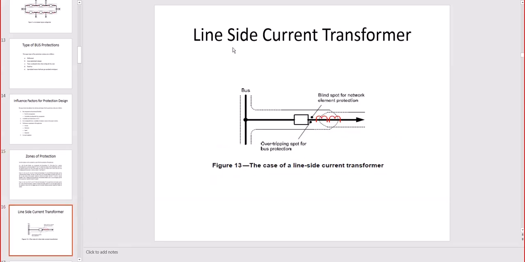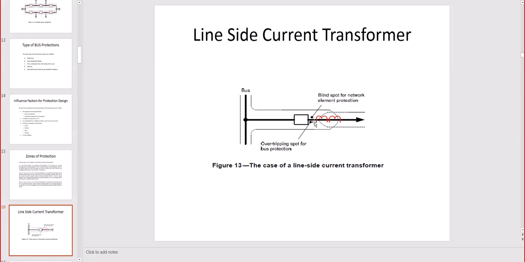I will go to that previous slide; it is the explanation for this one. What we see here is a blind spot for the network. The network is on the right where we connect the load. Both CTs are on the right hand side of the breaker, so everything on the left hand side of the breaker is not going to be sensed for a fault happening on the load side.